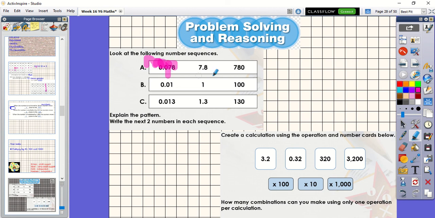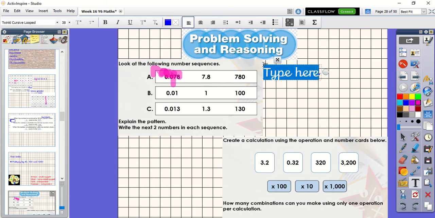So what number has 2 zeros at the end? And you should all tell me that it is 100. So if we are multiplying by 100, what would the next number be in this pattern here? So remember, you are moving 2 places to the left. So 7.8.